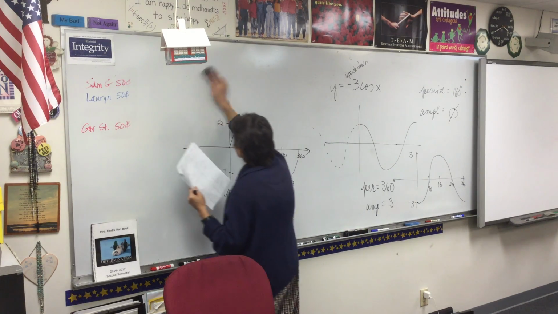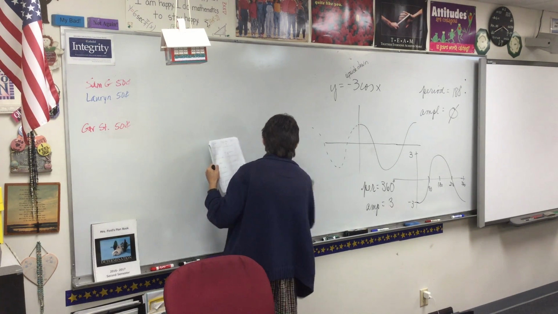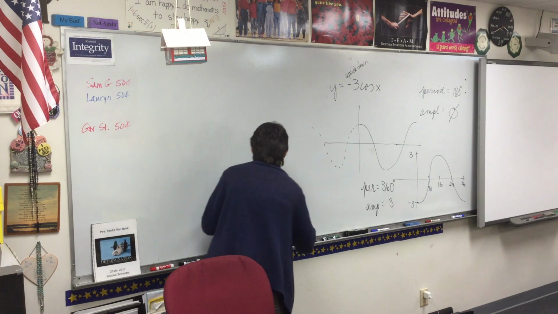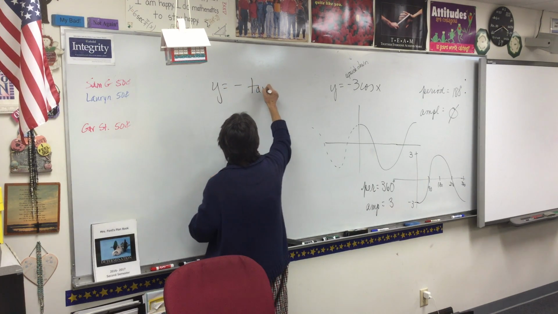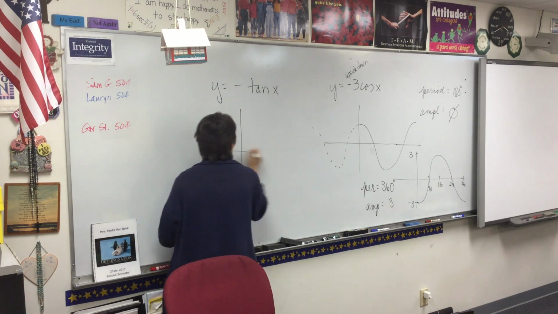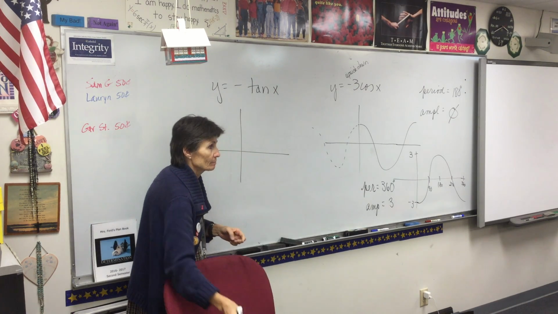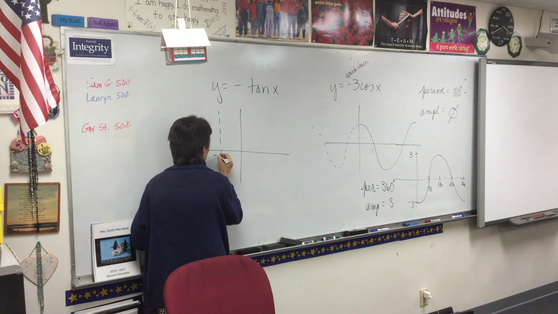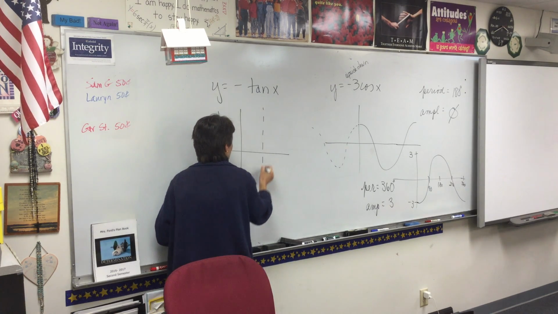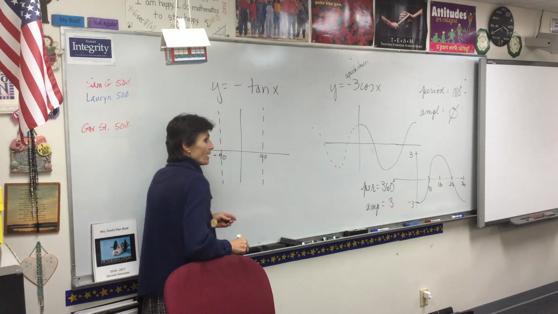Okay, one more. What is this one going to look like? Negative tangent. Instead of going like this, it's going to go like that. So I know I'm going to have an asymptote at -90 and another asymptote at 90. Would you agree with that?